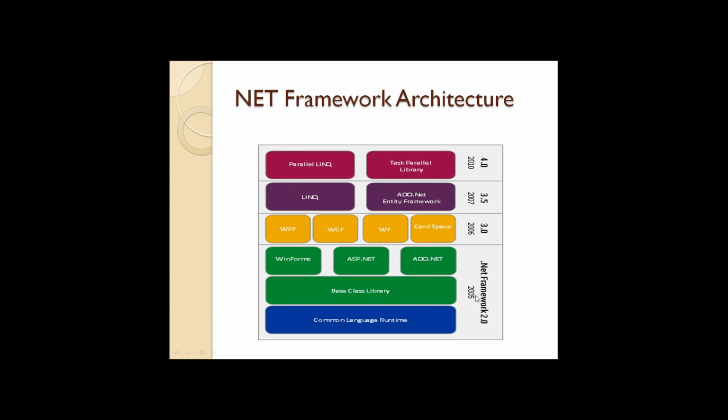Coming to 3.0, along with 2.0 plus 3.0, you can see they introduced WPF, WCF, WF and CardSpace. What is WPF? I already told you, we can create Windows applications using WPF. But up to 2.0, from 1.0 to 2.0, we could develop Windows applications using only Windows Forms. There was no WPF.